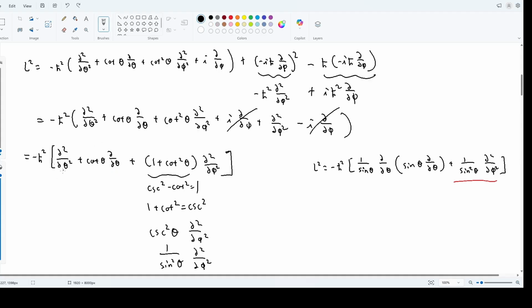Conveniently, we did a very similar sort of conversion for this earlier on, because this looks like just a reverse chain rule for cotangent.